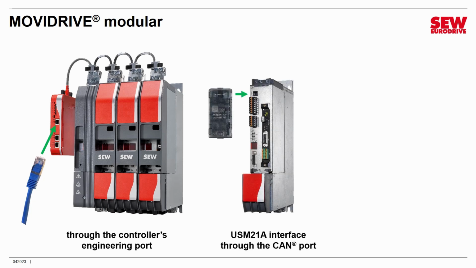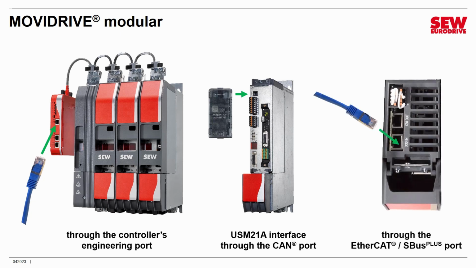Alternatively, every axis module has one of those little RJ connectors like a landline phone connection. If you've got a USM21A interface, you can connect through that port. However, if you do that, you will only be able to see that axis module. Nothing else will be visible, even though they're all connected through the EtherCAT network. So this is good for checking just a single axis module.